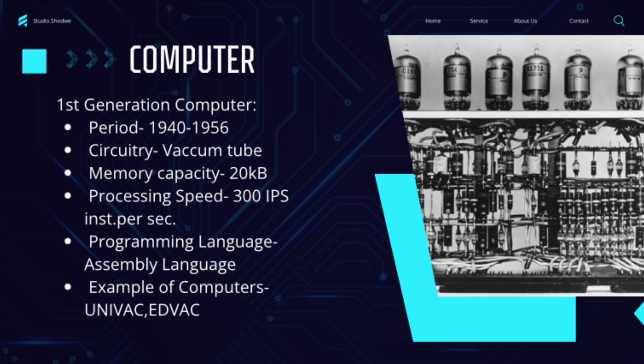Examples of vacuum tube computers are UNIVAC, or Universal Automatic Computer, and also EDVAC, which is Electronic Discrete Variable Automatic Computer.